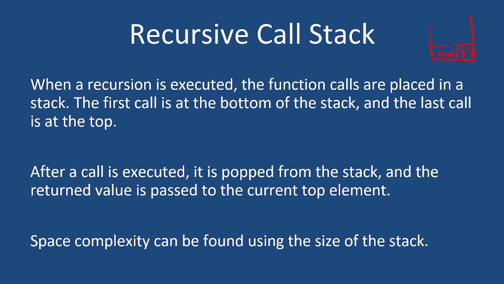That 3 calls sum of 2, which is also placed in the stack. That 2 calls sum of 1. And finally, sum of 0. So here is where the control is. Now what begins?